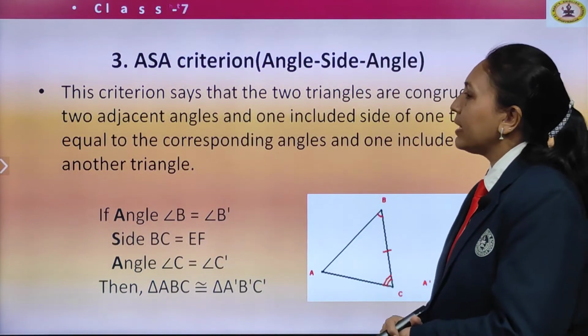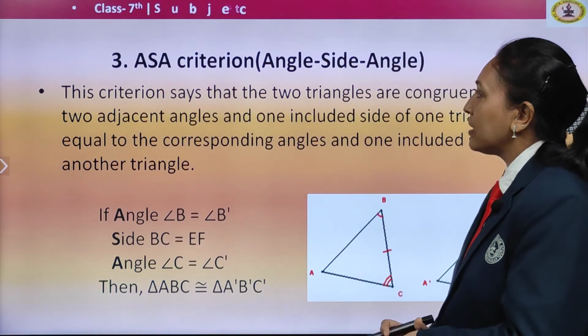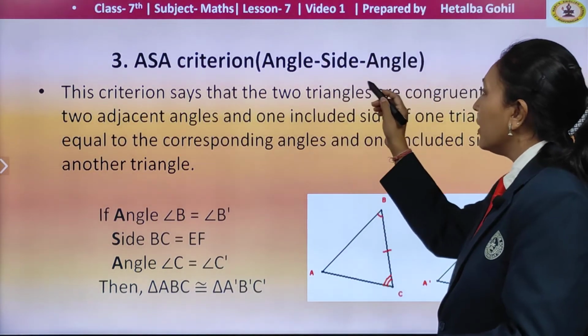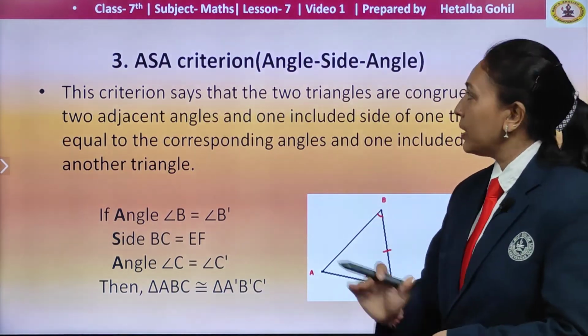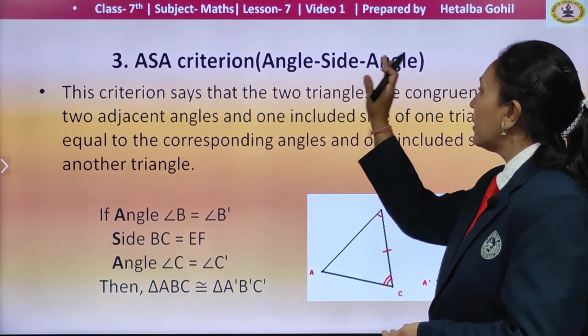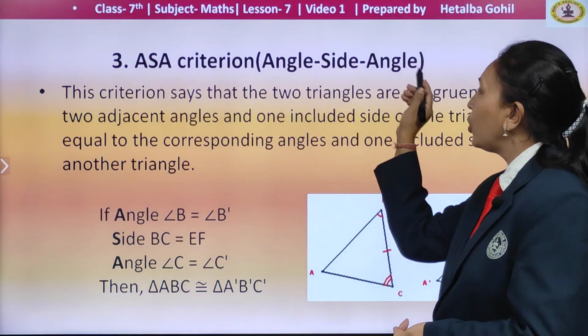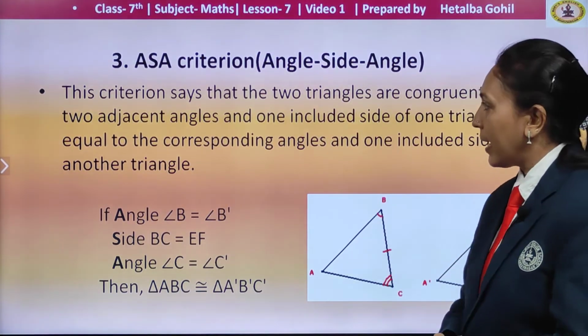Then the next criteria we have here is ASA criteria, that is angle, side and angle. So here also the same concept, the side is between the two angles. So the side will be the included side of the two angles on the same side here.